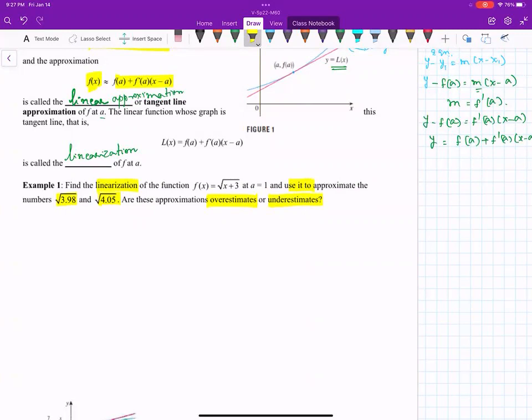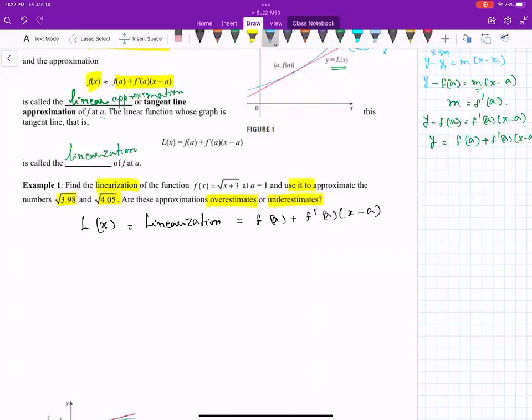The linearization, by what we have seen earlier, is L(x) = f(a) + f'(a)(x - a).